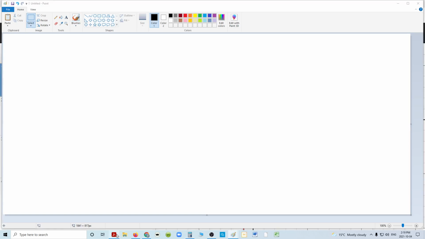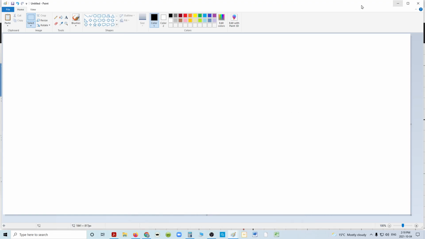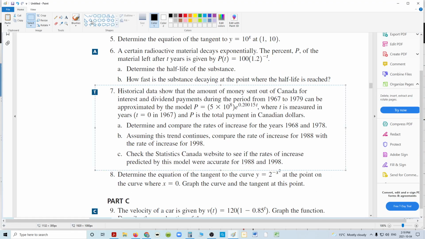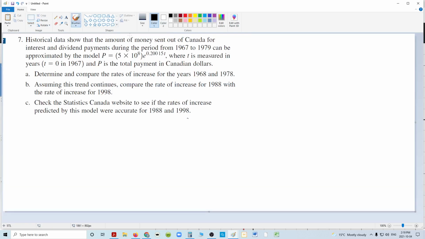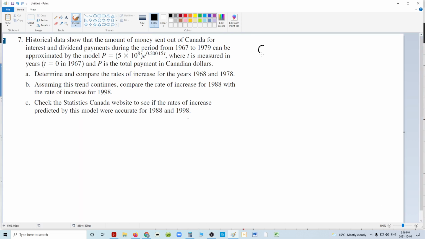Number 7. This one's very confusingly written. They're saying that Canada was putting out payments that were interest, dividend payments from 1967 to 1979, where year 0 is 67. That means if year 0 is 1967, then year 12 is 1979.